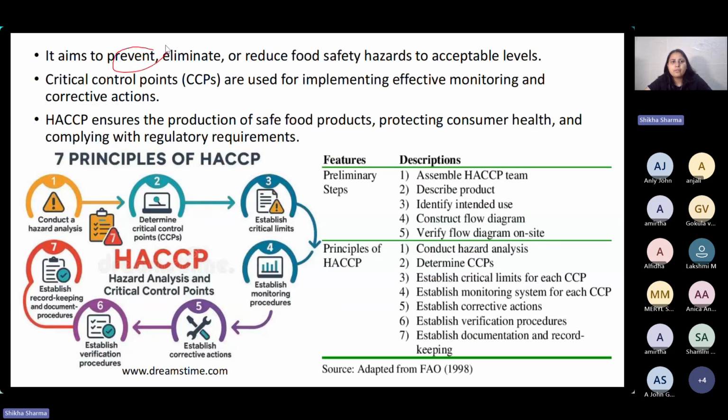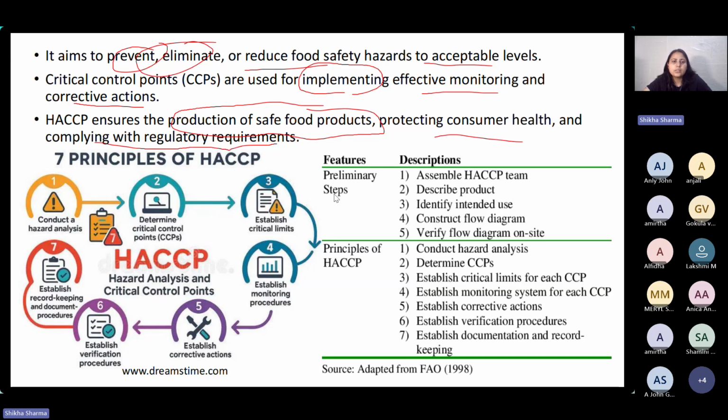It aims to prevent, eliminate, or reduce food safety hazards to acceptable limits. The CCPs are for implementing effective monitoring and corrective actions. HACCP ensures the production of safe food, protecting customer health and complying with regulatory requirements.